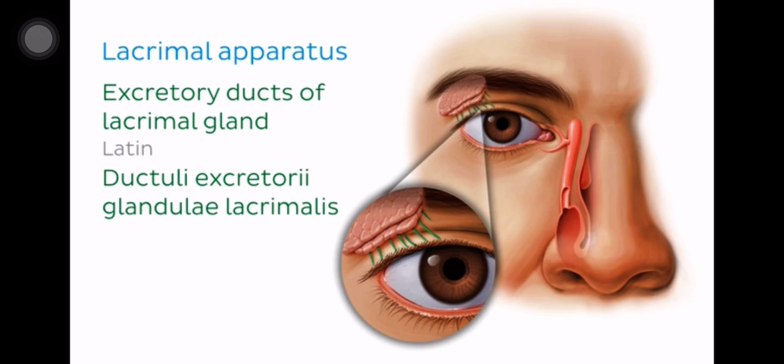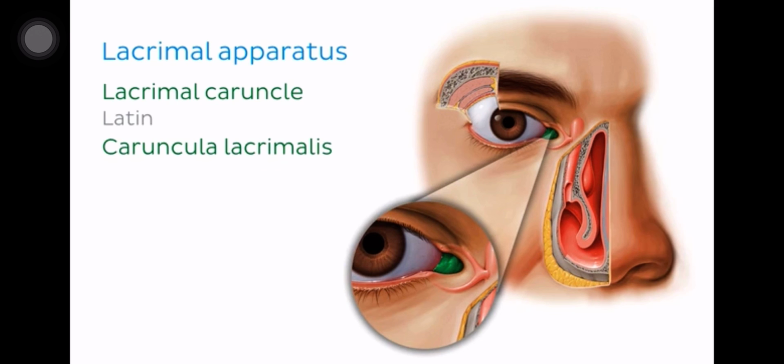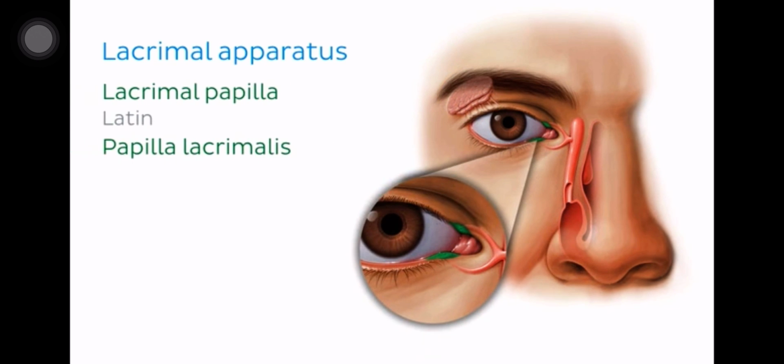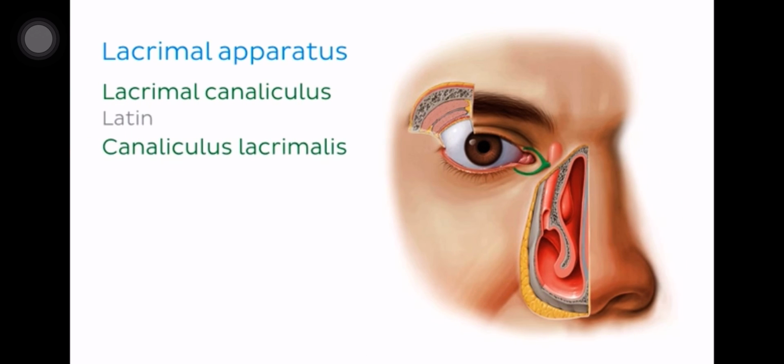Medially, we identified the pink fleshy part of the eye, called the lacrimal caruncle, in the lacrimal lake. At the medial aspect of each eyelid are the lacrimal papillae. On each lacrimal papilla is an opening into the drainage system called a lacrimal punctum. The lacrimal puncta open up into the lacrimal canaliculi, one superior and one inferior.